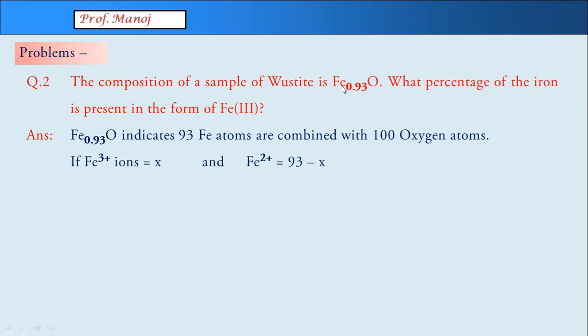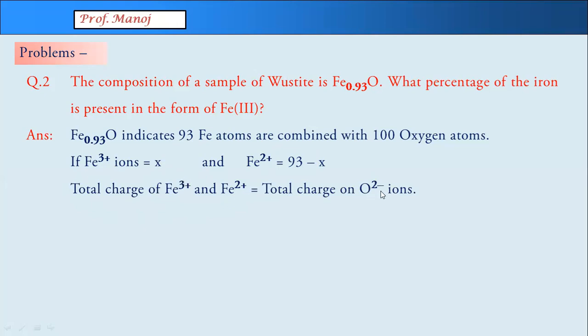FeO when you write, it means actually ferrous and oxygen. हम लोग को जो पूछा है वो फेरिक का कॉन्सेंट्रेशन पूछा है. So ferric we will consider X, ferrous we will take 93 minus X. अगर किसी और प्रॉब्लम में ये 0.95 है तो ये हो जाएगा 95 minus X. Now we have total charge of all the cations.